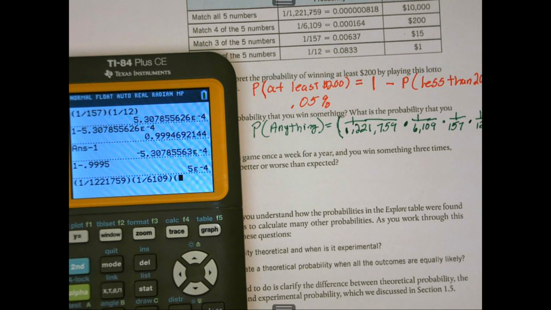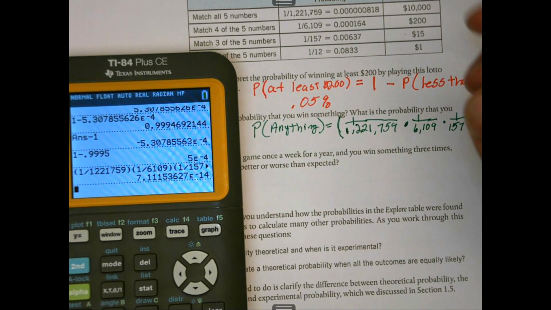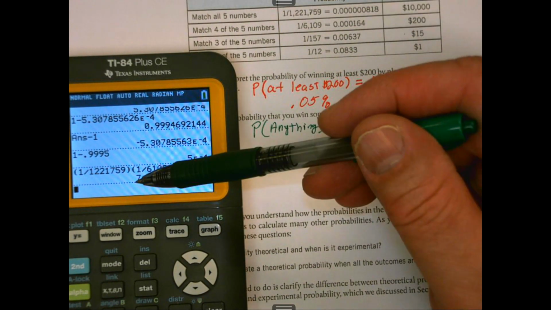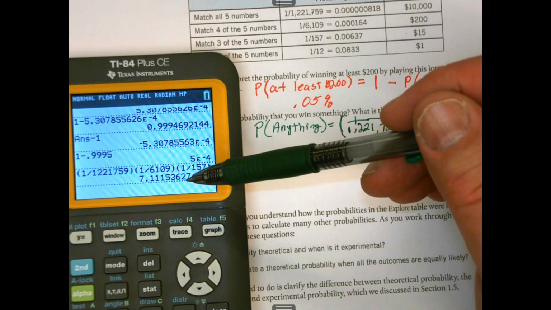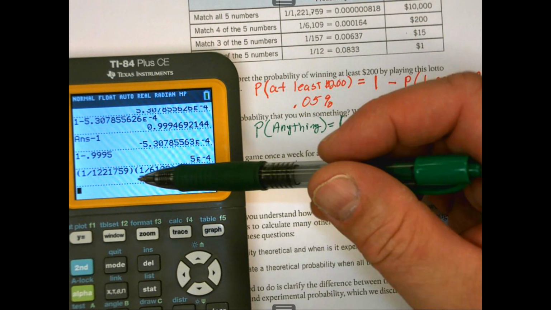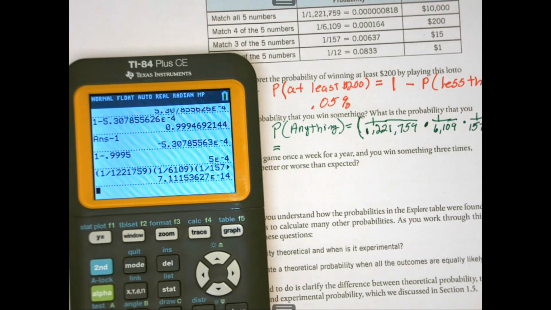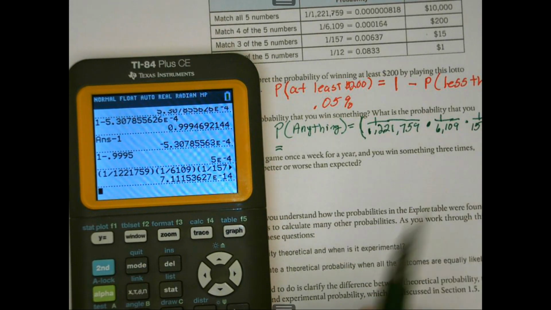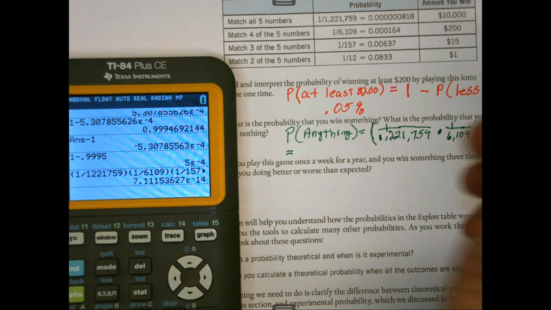And I get this 7. Okay, this is scientific notation because it's such a small number that my calculator can't even show it. So the probability of winning anything is going to be point 0, and I'm going to have 14 of these zeros and 7.